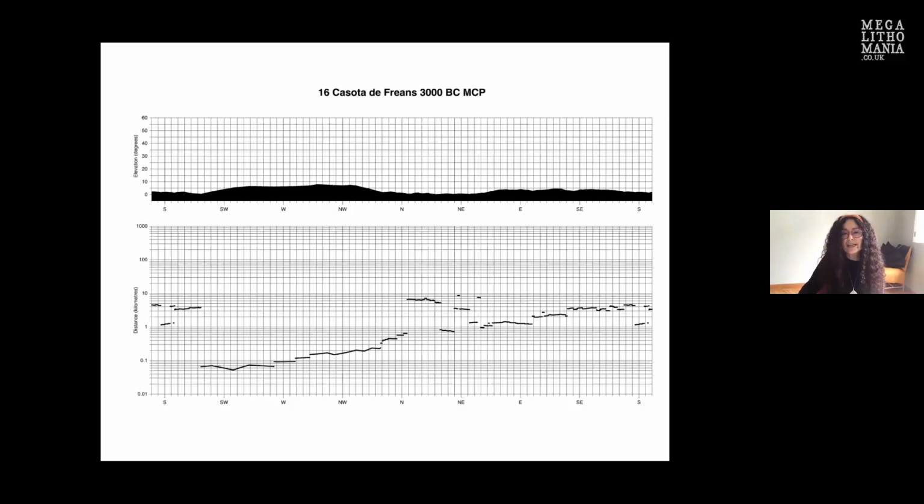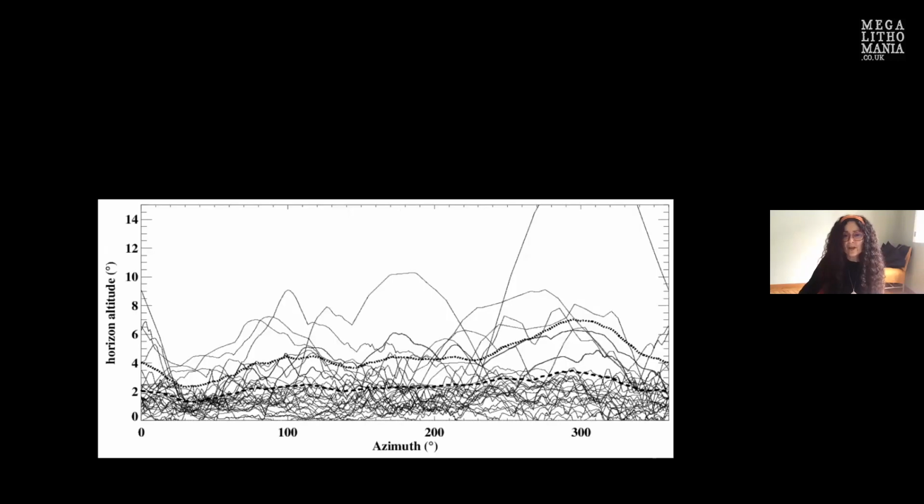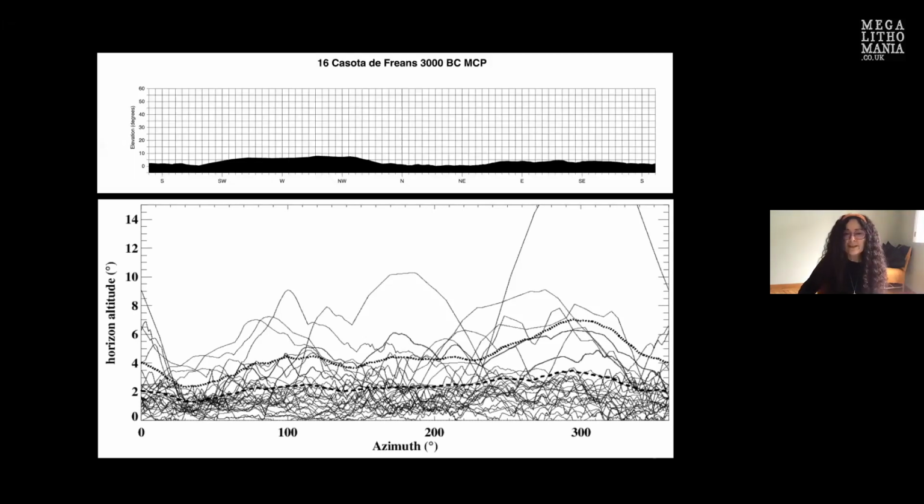So we took the data of 32 exposed dolmens within the Coast of Death to analyse the shapes of these to see whether or not they were deliberately chosen by the people who created the dolmens. Whoa, look at that. Here we have 32 different horizon shapes that are represented just by a thin line.